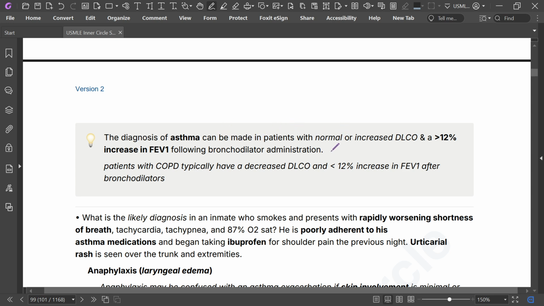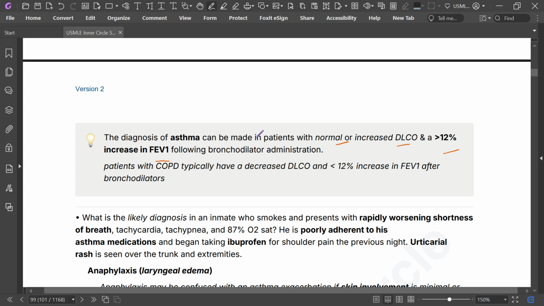The diagnosis of asthma can be made in a patient with normal or increased DLCO and a more than 12% increase in FEV1 following bronchodilator administration.